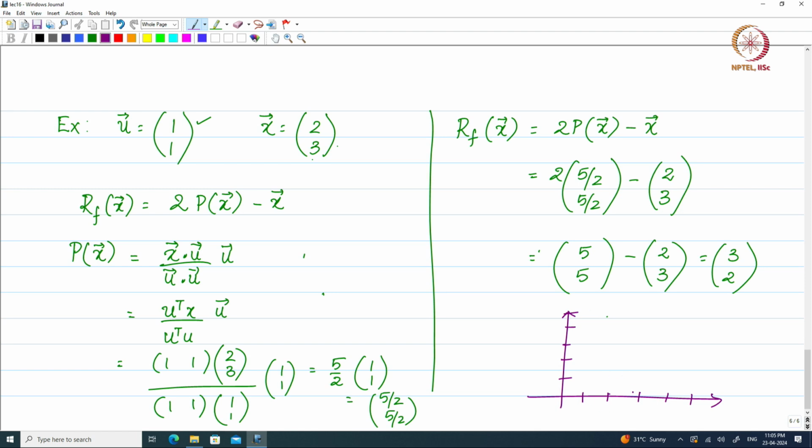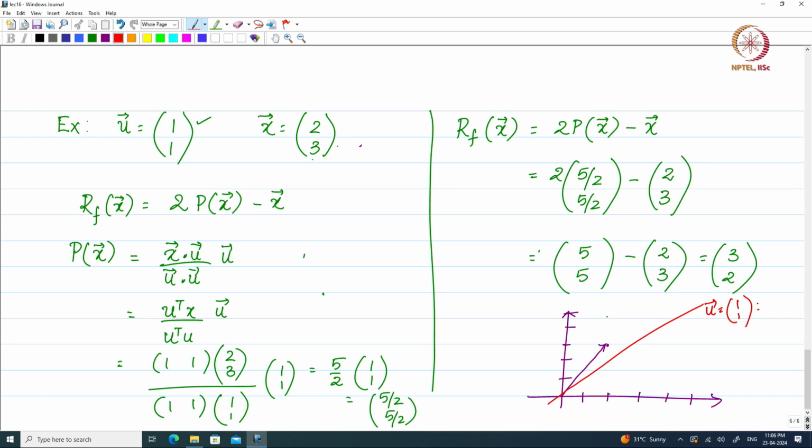So, (2, 3) is basically here. This is the vector (2, 3), and we have this line passing through the origin and through (1, 1), which is the direction.